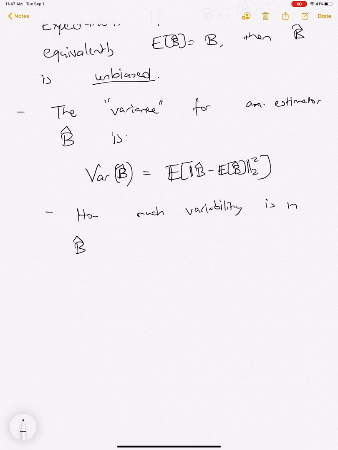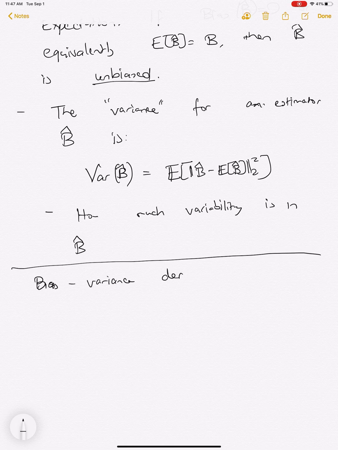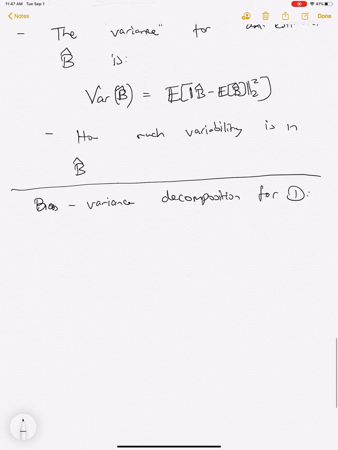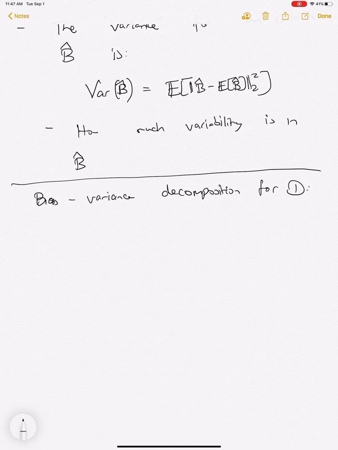And so this leads to the bias variance decomposition for 1, which is the mean squared error.